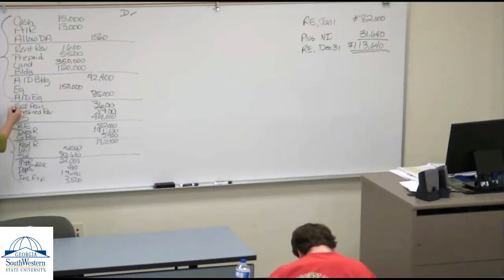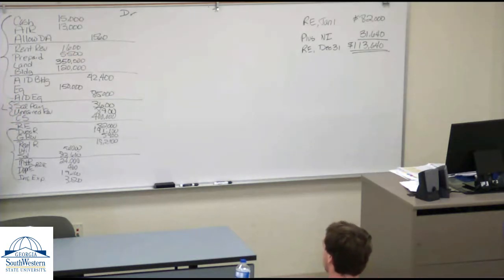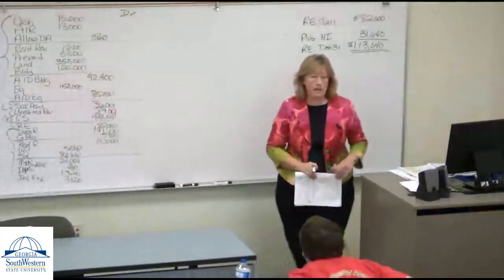Where are our liabilities? Payable, fire revenue. What is this, common stock? Where does that go? Okay, so just these things are liabilities. Common stock and retained earnings go where? Owner's equity.